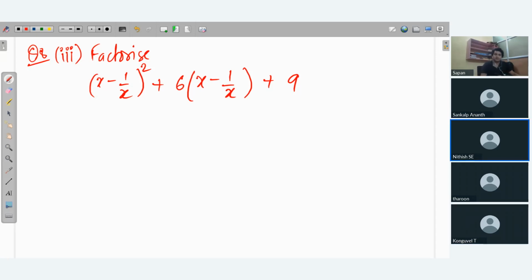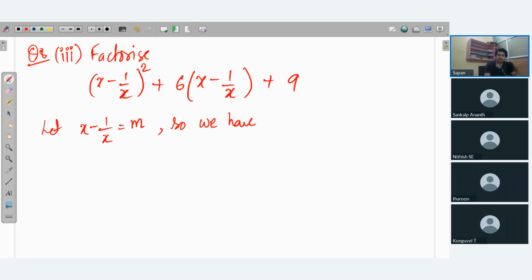What we do, we say that let x minus 1 by x be m. So this equation becomes m square plus 6m plus 9. Do we know how to factorize it? Yes, sir.